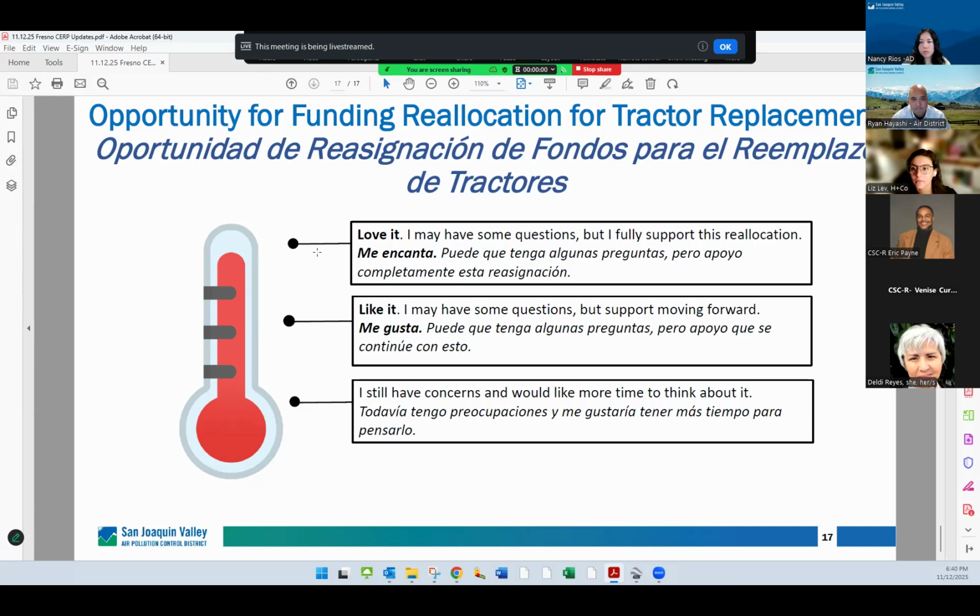And are there any time-sensitive restrictions? I appreciate Deldy being here, and in terms of funding, the legislature would like to see us put the money towards the intended goals as soon as possible.